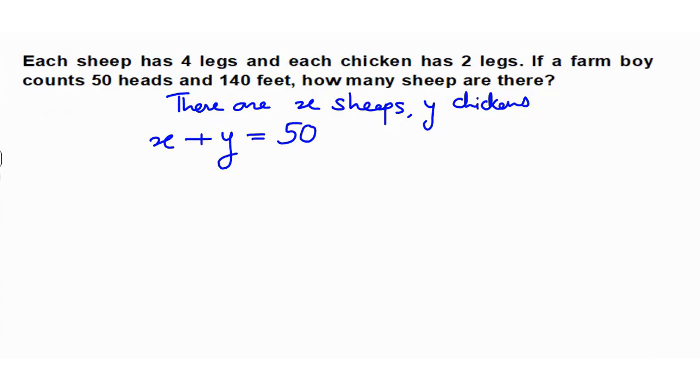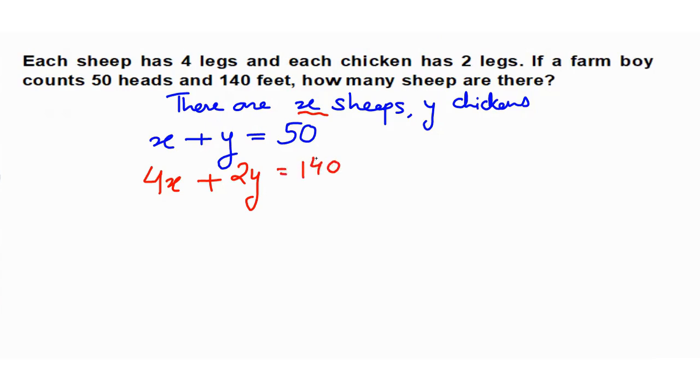So total number of feet of these sheep will be 4 multiplied by x. Each one has 4 feet and there are x number. So total feet will be 4 into x plus, in the same way, each chicken has 2 legs and total there are y chickens. So number of legs of chickens will be 2 into y. Their sum is coming as 140.